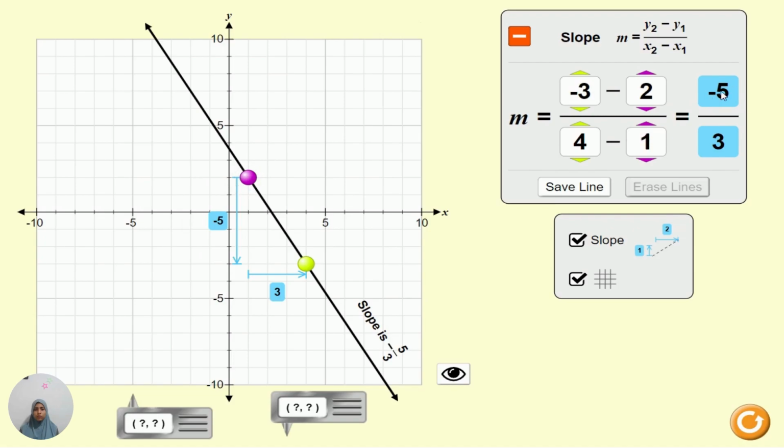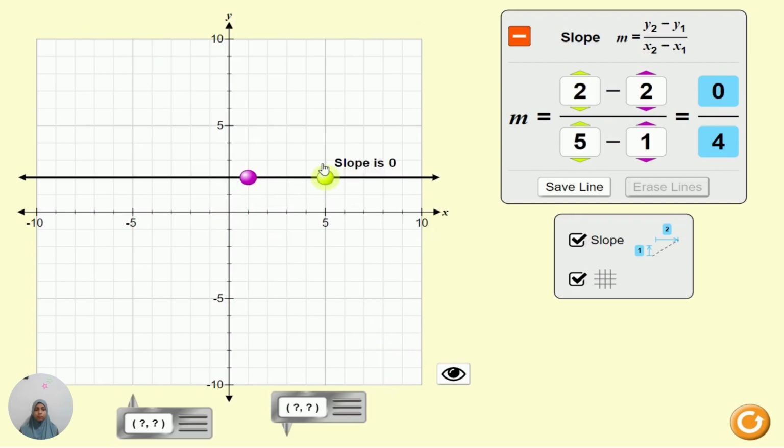Why is it negative 5? Because it's decreasing. Then you take the difference between the x values from this point to this point, which is 3, and you divide the rise by the run, you get negative 5 over 3. So here the gradient is negative.